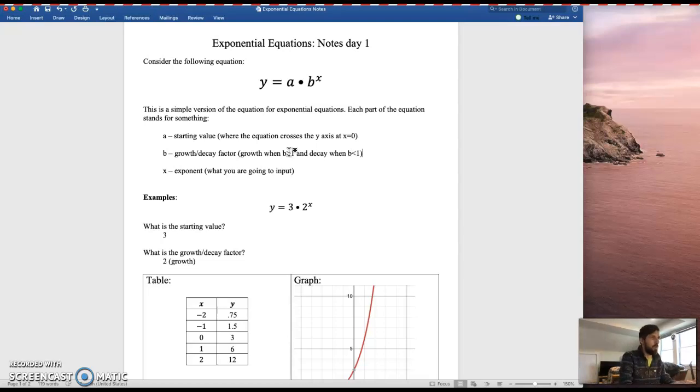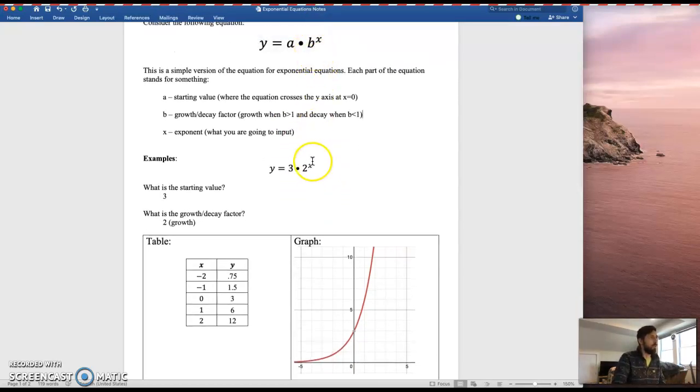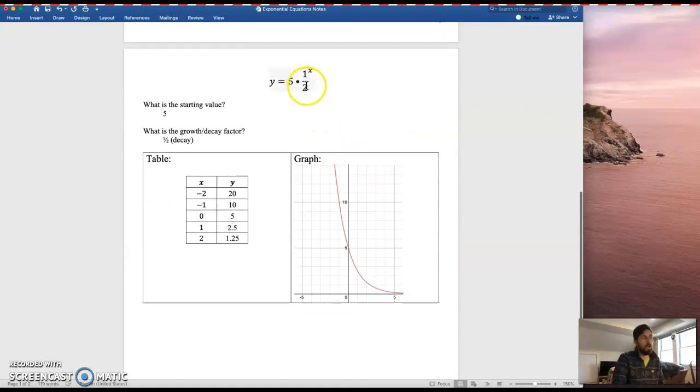So anytime this number here is greater than 1, so like if it's 2 or 3 or even like 1.2 or 1.5, it's going to be growth, and it's decay when b is less than 1. So an example like this, if it was like 1/2 or 1/3 or even like 0.9, even if it's just a little bit less than 1, that graph is going to go down over time.